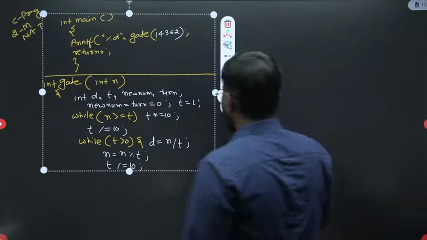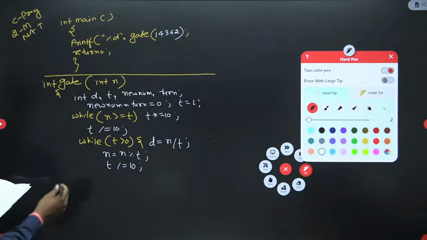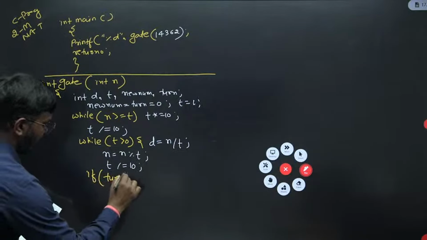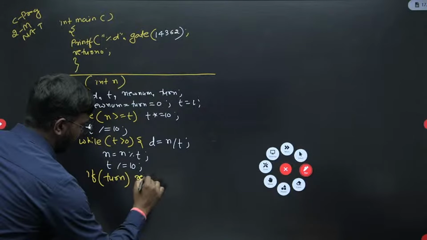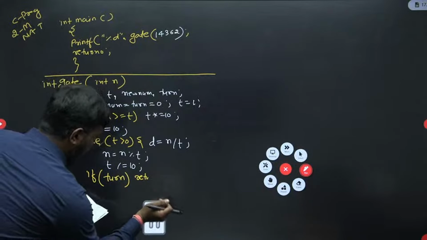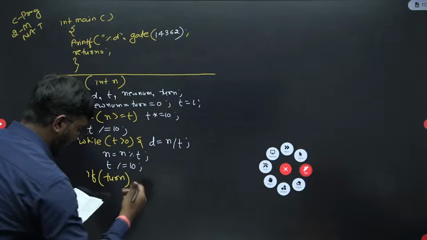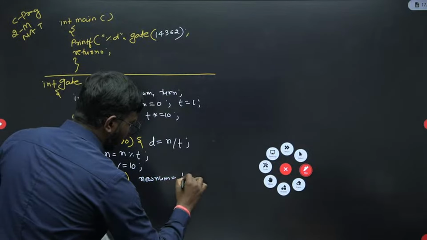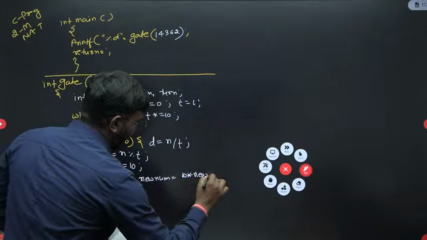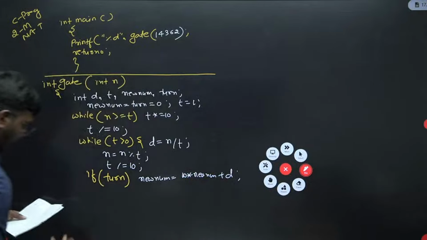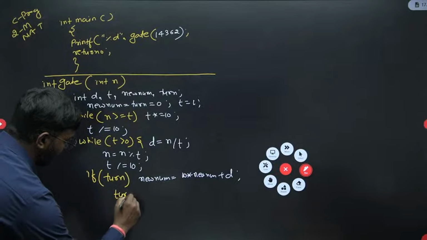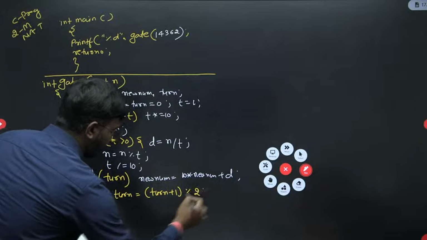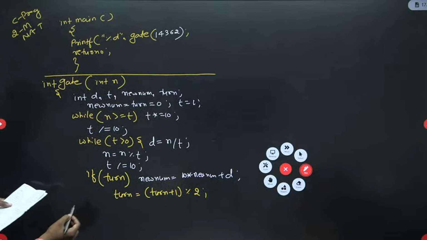One if condition is: if turn is true, then newnum is equal to 10 times newnum plus d. And after this, turn is equal to (turn + 1) modulo 2. Understood?